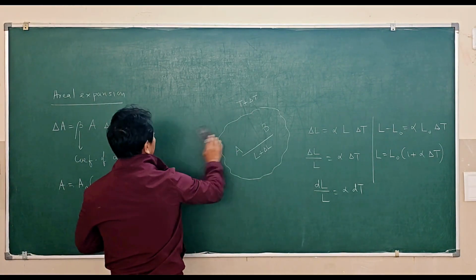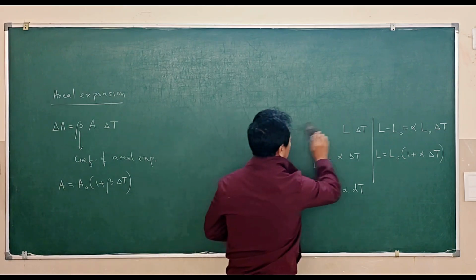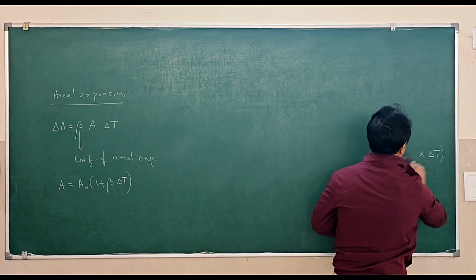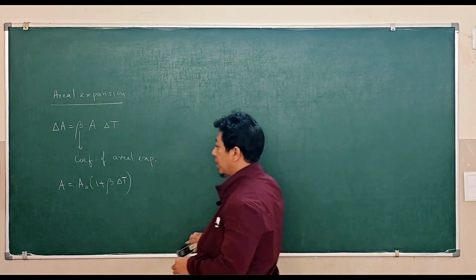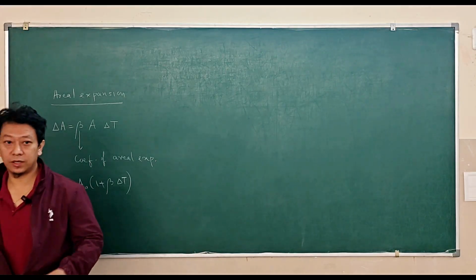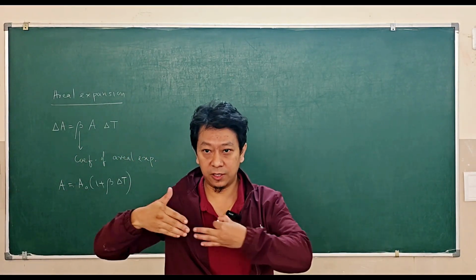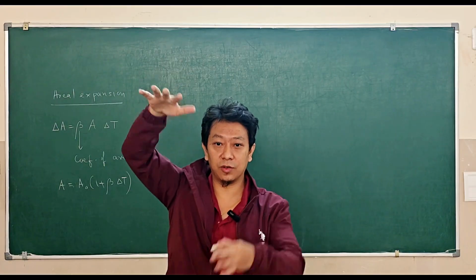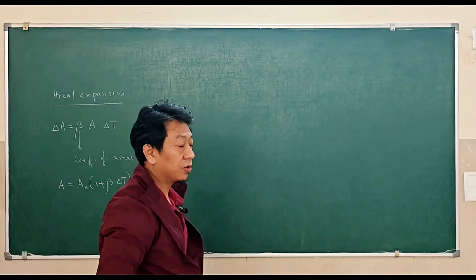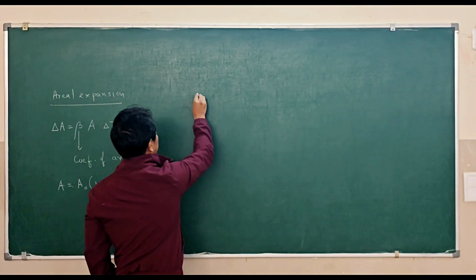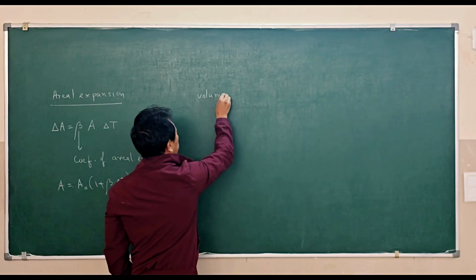Same way we can do for volume expansion. If you have a solid, then when I say length will increase, it will increase in all the three directions. So length will increase, breadth will increase, height will increase, so volume will increase. So can we write a similar formula for volume expansion?